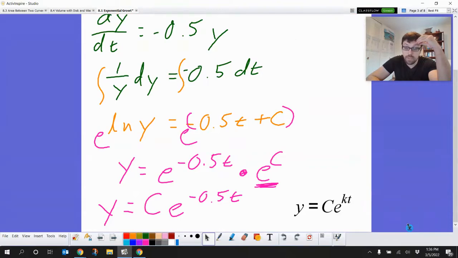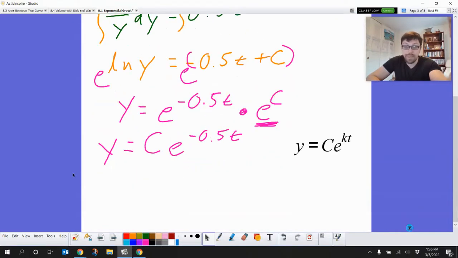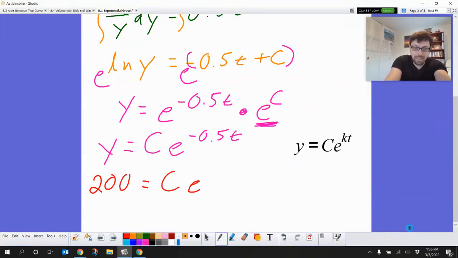So if we put in 200, let's see what we get. 200 equals C e to the negative 0.5 times an exponent of 0. Negative 0.5 times 0 is 0, so we get e to the 0, which is 1.